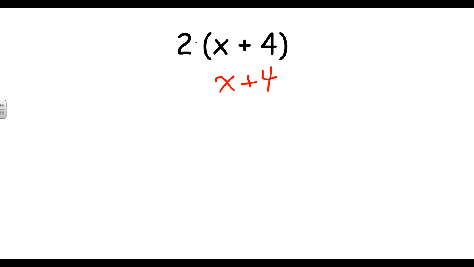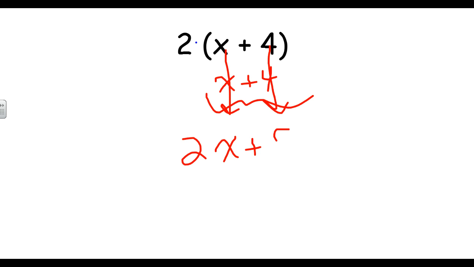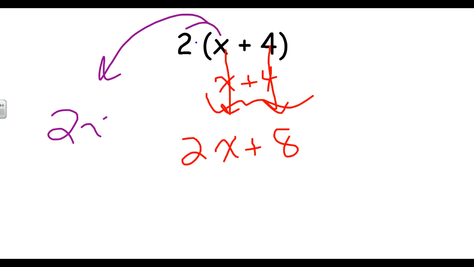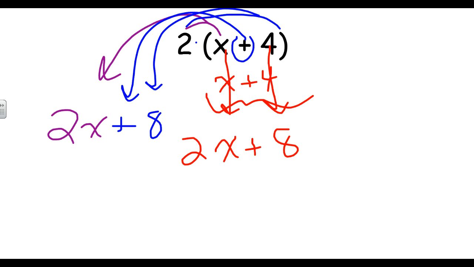So in total, we have 2 x's and 2 4's, which is 8, which is exactly what we get if we multiply the 2 times x and the 2 times 4, and then keep that plus sign in the middle. So we can distribute that to make it 2x plus 8.